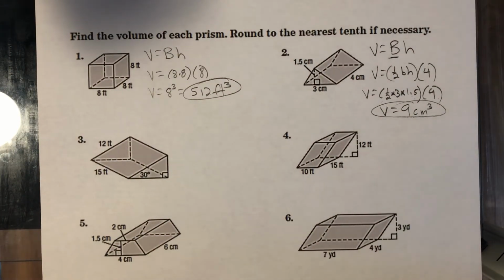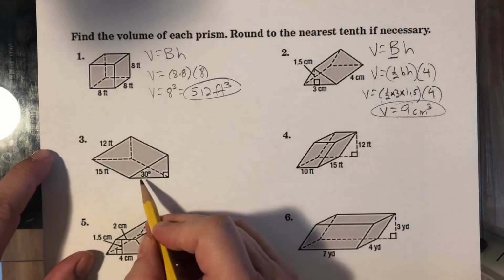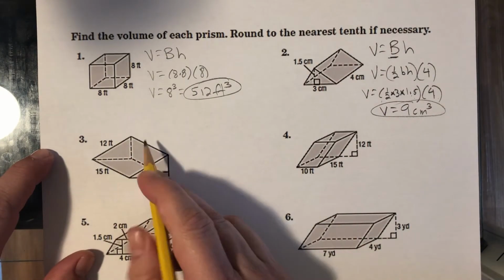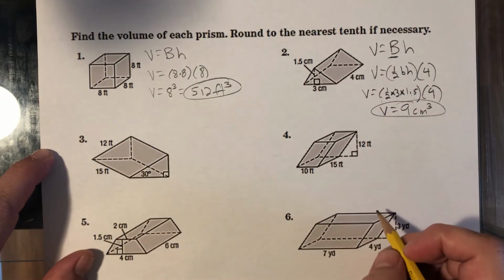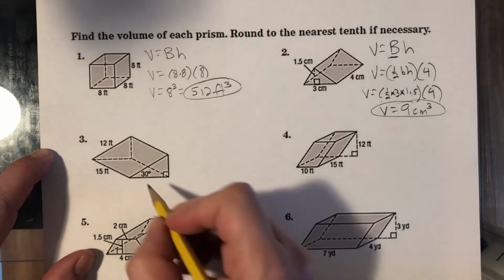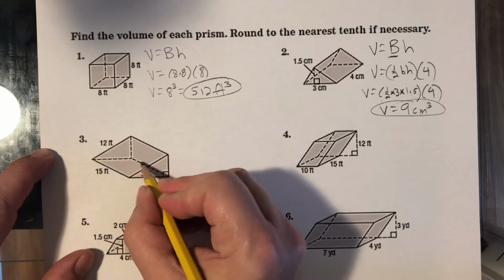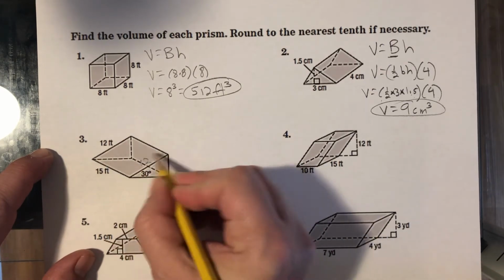We're going to have to use a little prior knowledge here to find the height or the base of this triangular prism. If you want to find the base of the triangle, cross-section, okay? So we know that the hypotenuse here is 12, okay?